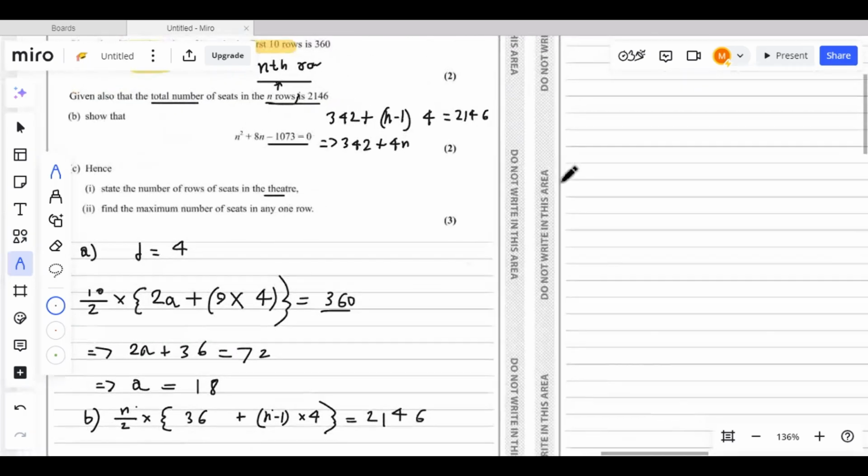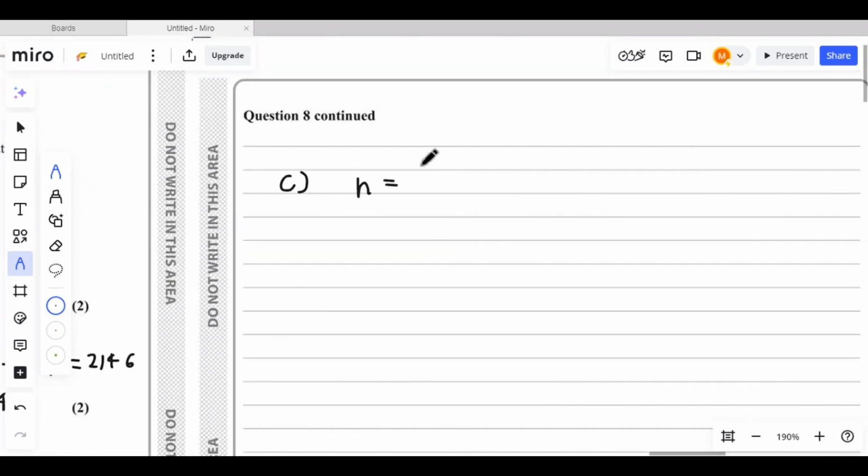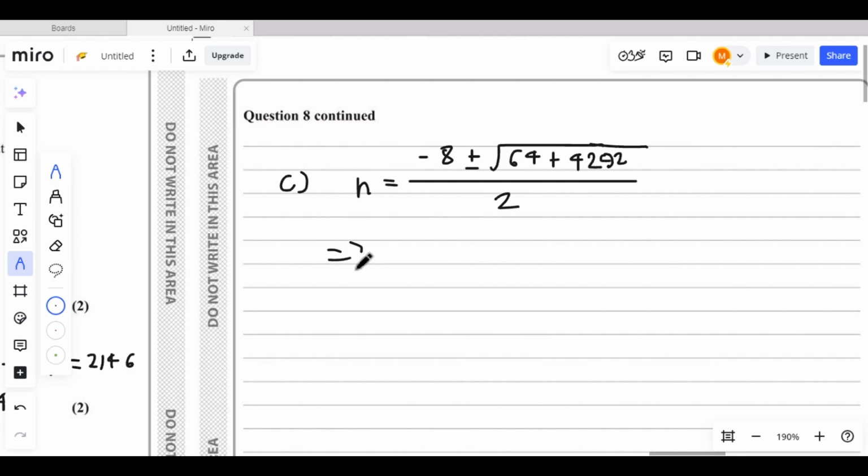Minus b plus minus square root of b squared. b squared is what? 8 squared, it's 64, plus 4292, over twice of a.